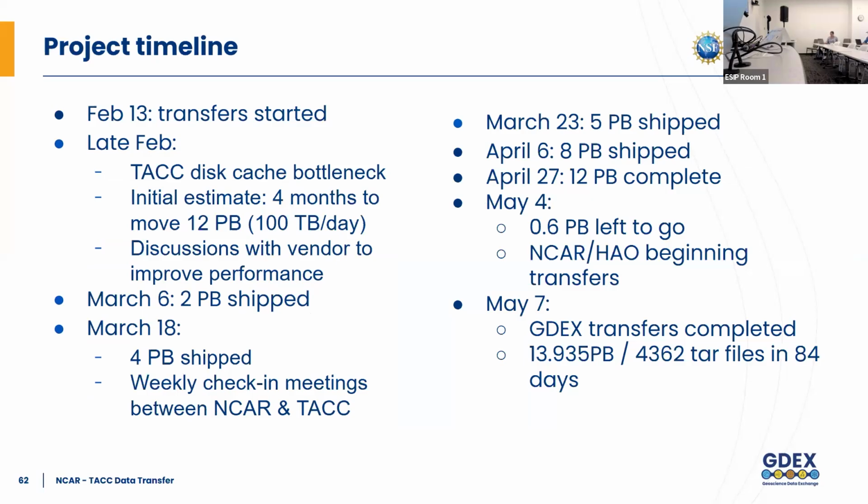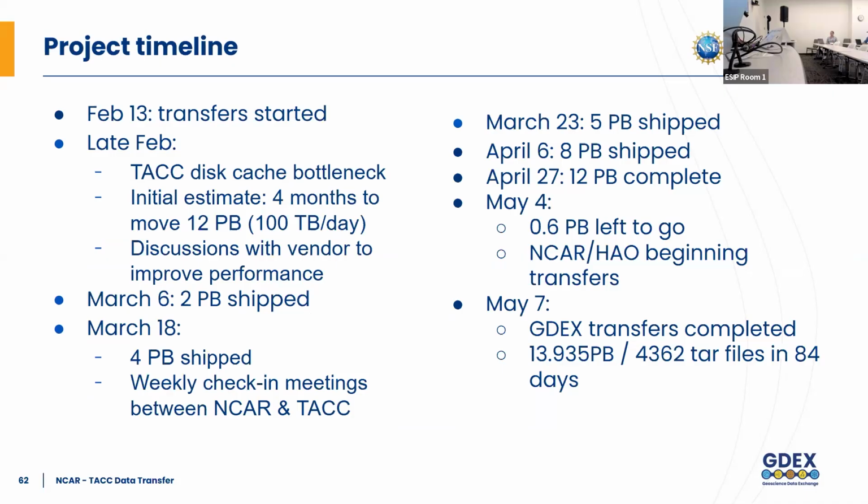And then this is just a rough timeline of the project from start to finish. Like I mentioned before, in mid to late February, we did run into some bottleneck issues on the disk cache at TACC. We noticed that it wasn't going as quickly as we expected it to.